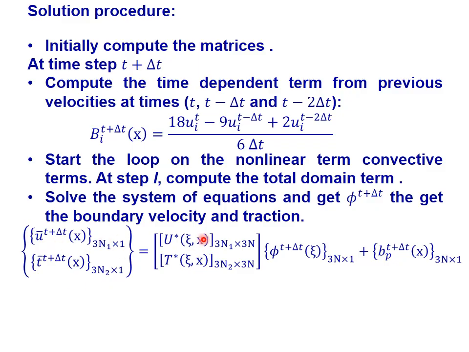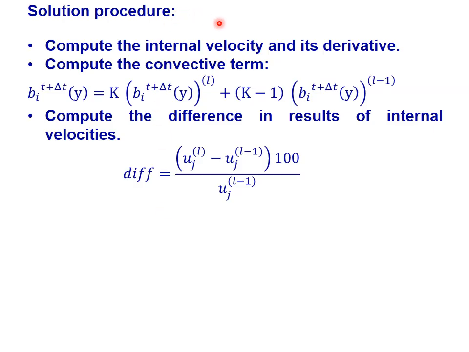Then from phi we can compute the internal velocity and the derivative, from which we'll compute the convective term.